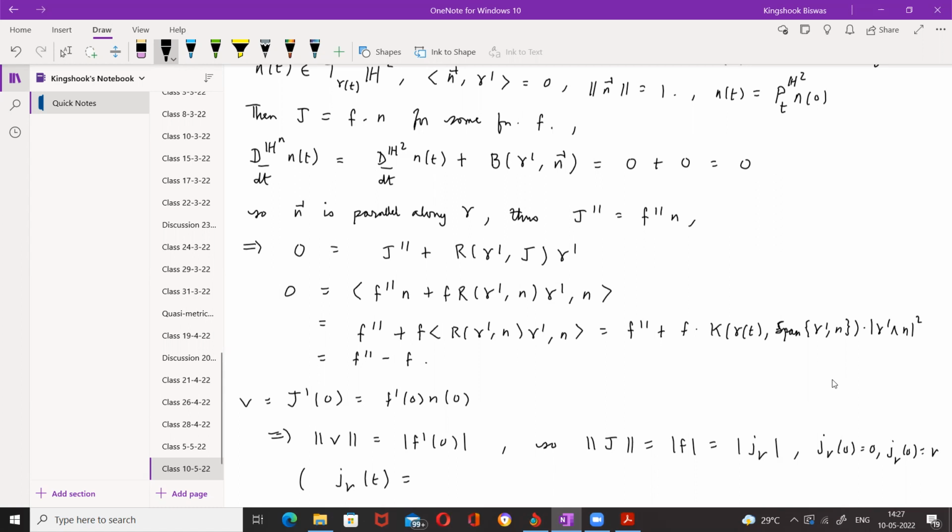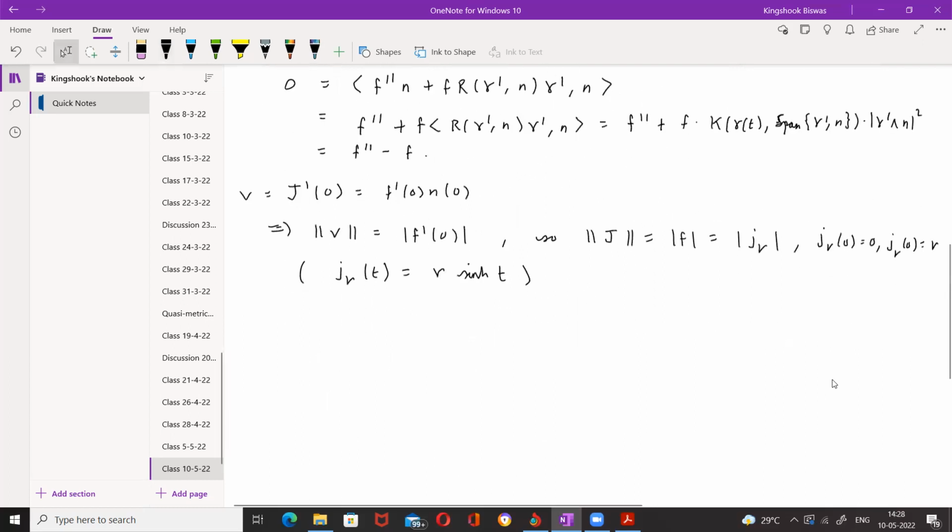R by 2 times e to the t minus e to the minus t. That function has a name, right? Sine hyperbolic or cos hyperbolic. It's sinh t. If you're doing any hyperbolic geometry, you should know your sinh and cosh at least, the basic properties. These functions will come up all the time.